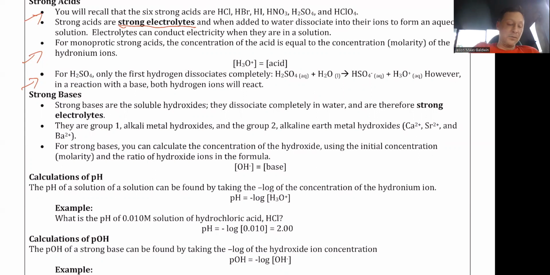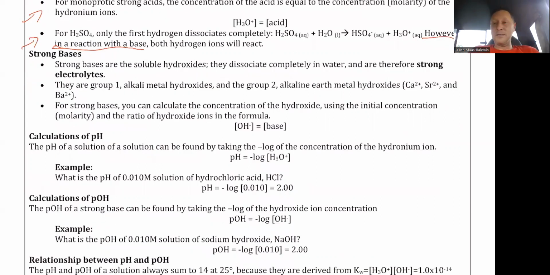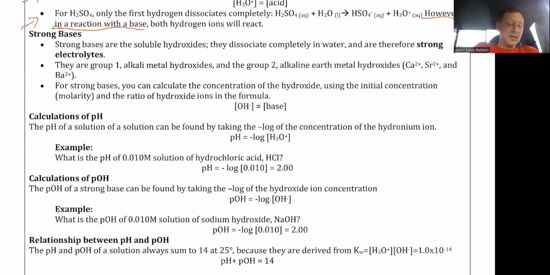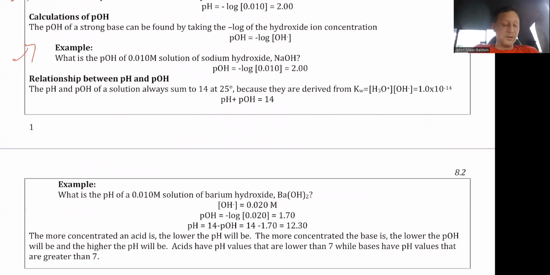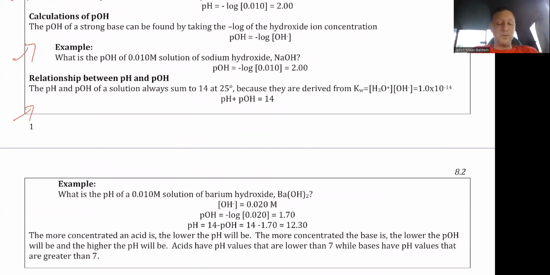When it does, however, react with a base, as it would with a titration, both hydrogen ions do eventually come off. We'll get more to that when we talk about titrations. Strong bases, we just identified what those are. And we also just did practice with the pH calculations and the calculations of pOH. And then we're also just reminded that pH plus pOH at 25 degrees is equal to 14.